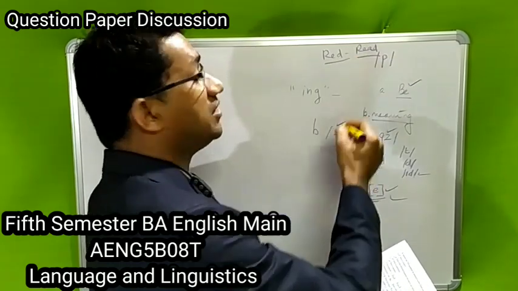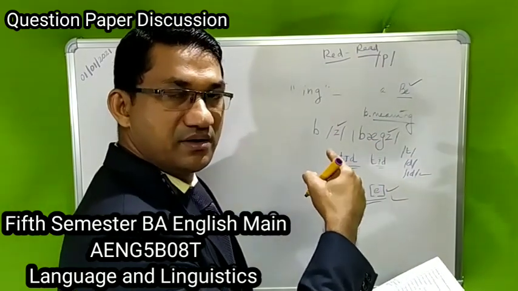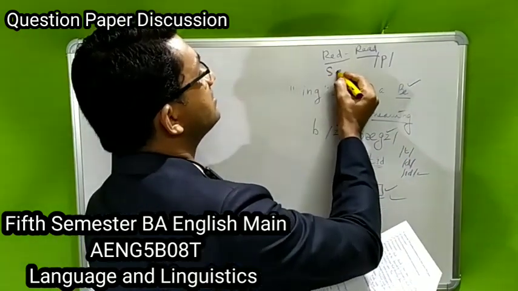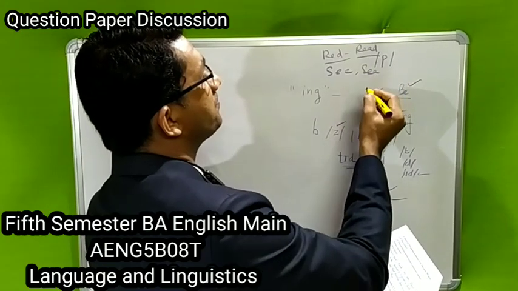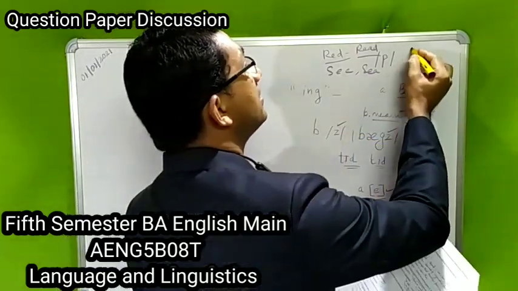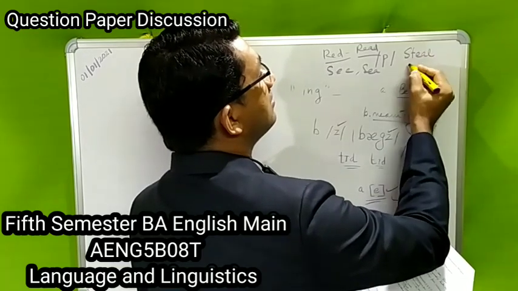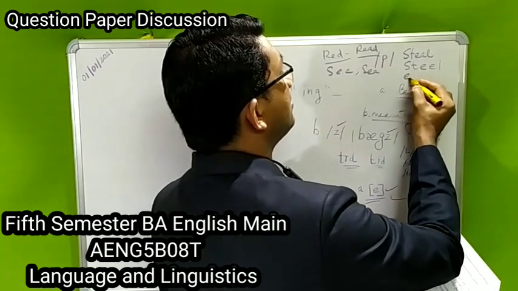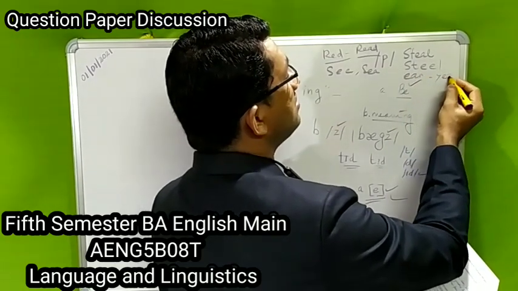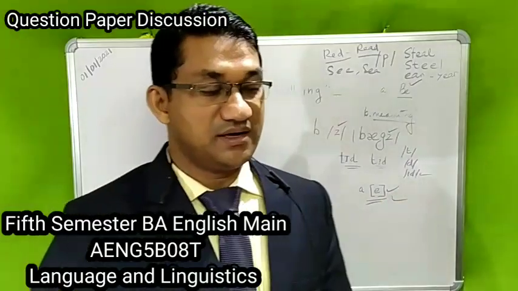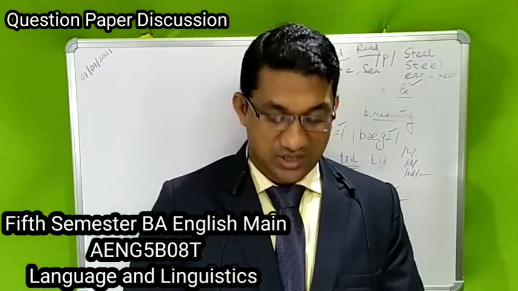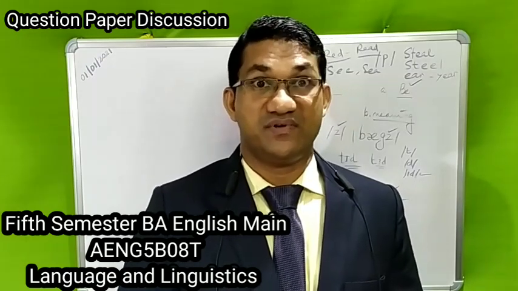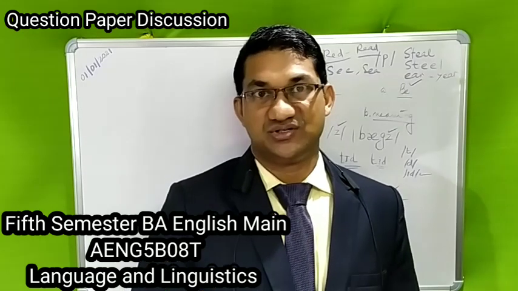Homophones: different spelling, different meaning, but same pronunciation. Similarly, we have S-E-E and S-E-A. Similarly, S-T-E-A-L and S-T-E-E-L. Similarly, we have ear. Words which sound similar, with different spelling, same pronunciation, different meaning.